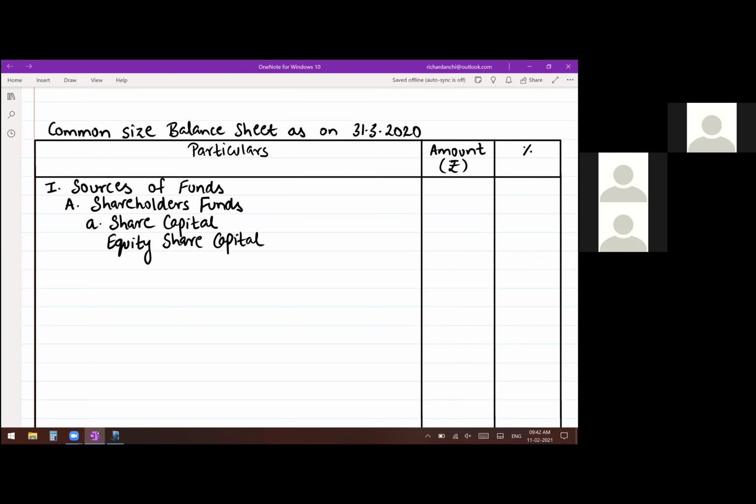Amount is 9 lakhs. Then below that, preference share capital, and that is 80,000. Percentages we are going to calculate later at the end.